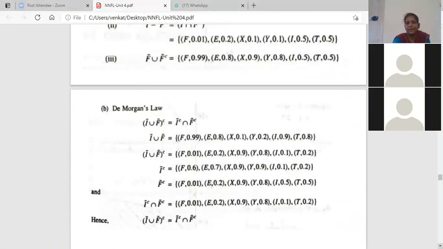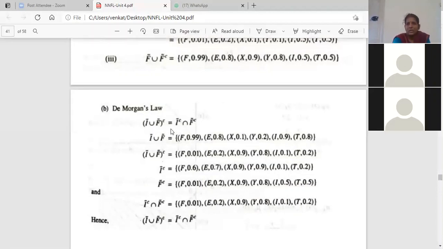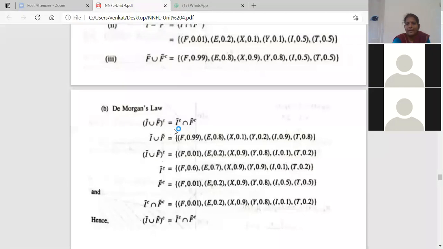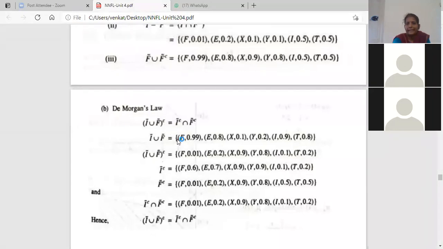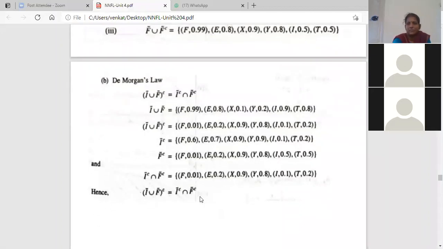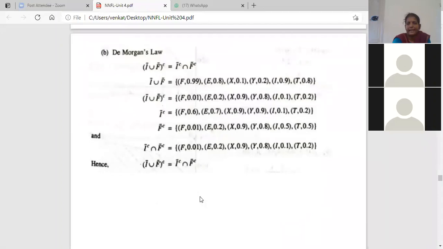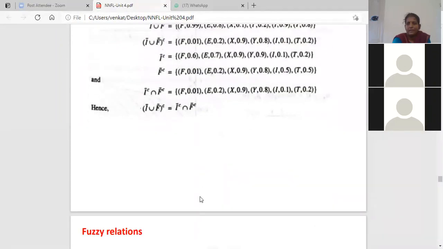You need to verify De Morgan's laws using this. I union F whole complement is equal to I complement intersection F complement. So if you are calculating and verifying, it will be satisfied.